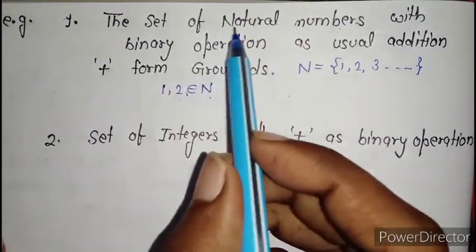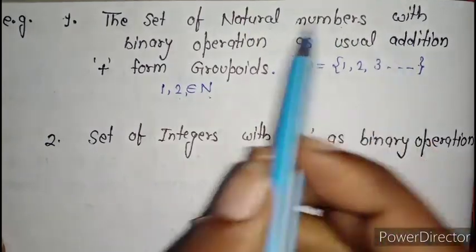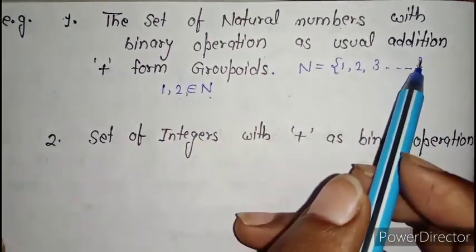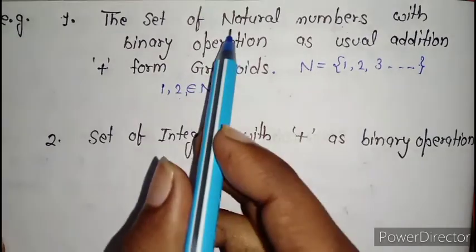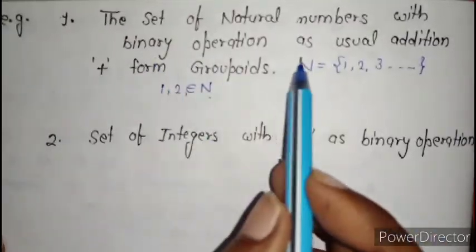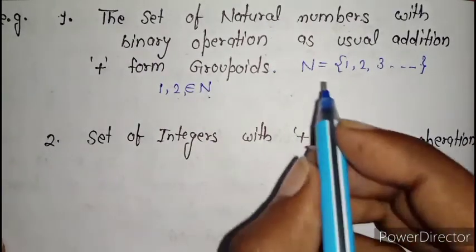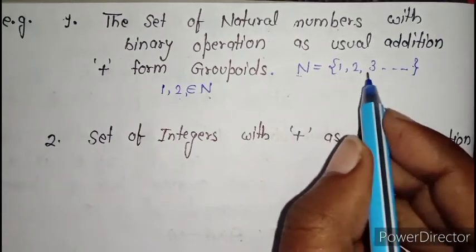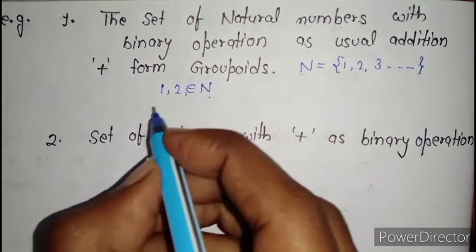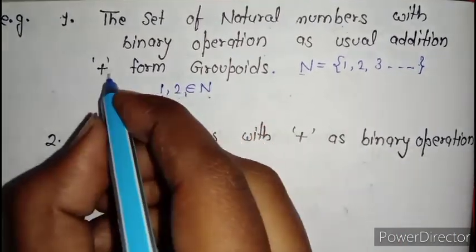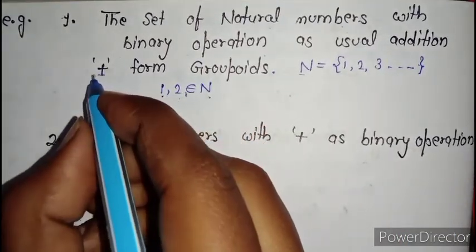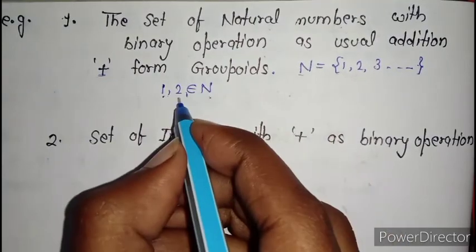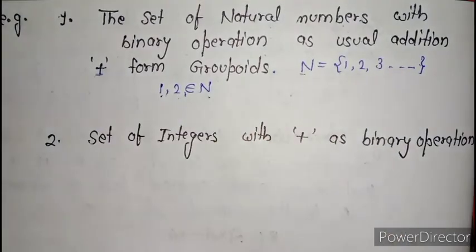Example: if we take the set of natural numbers with the binary operation as the usual addition, then it forms a groupoid with the binary operation usual addition. We all know the set of natural numbers: 1, 2, 3 up to infinity. If we take any two natural numbers and apply the binary operation of usual addition over them, then we get again a natural number.